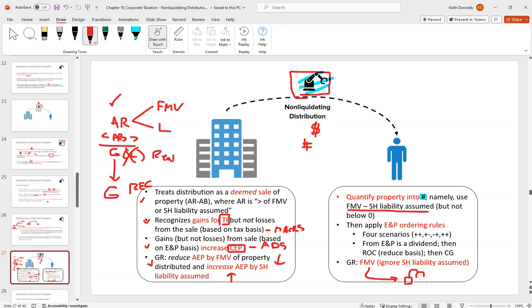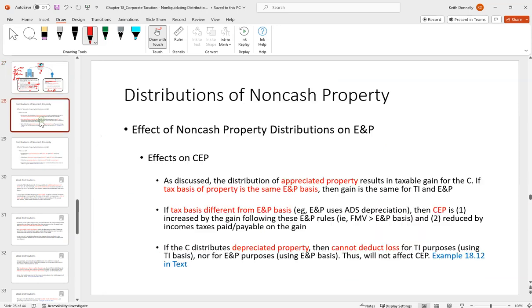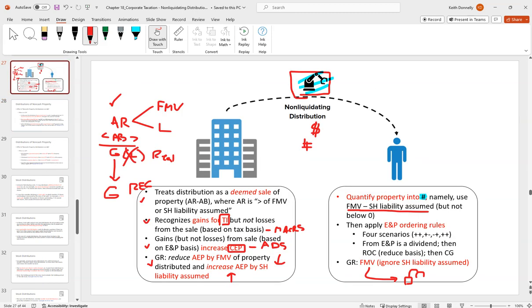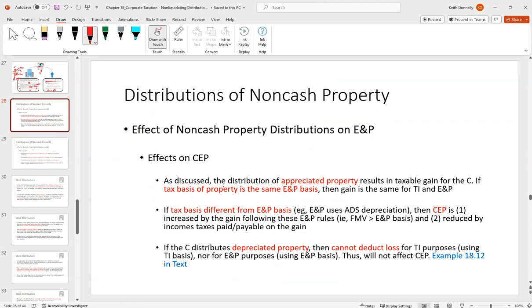So there's the summary. We've looked at it. You can rewind the video to watch it slower if you want to. Kind of continuing from that, this is the intersection here. We're now going to go down here. We said gains from that sale are going to increase CE&P. So that's what it's saying here. As discussed, the distribution of appreciated property results in a taxable gain. If the tax basis is the same as the E&P basis, then the gain is the same for taxable income and E&P.